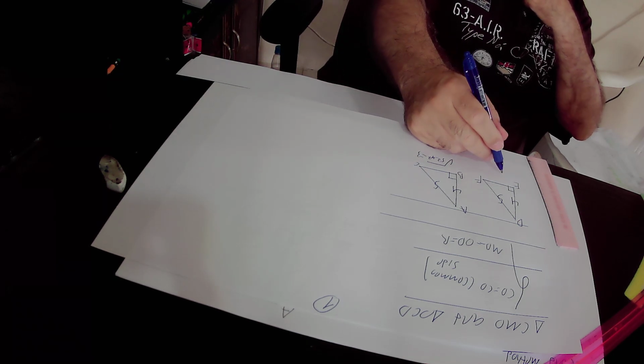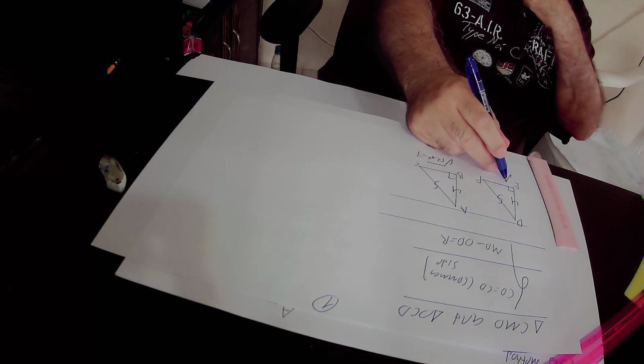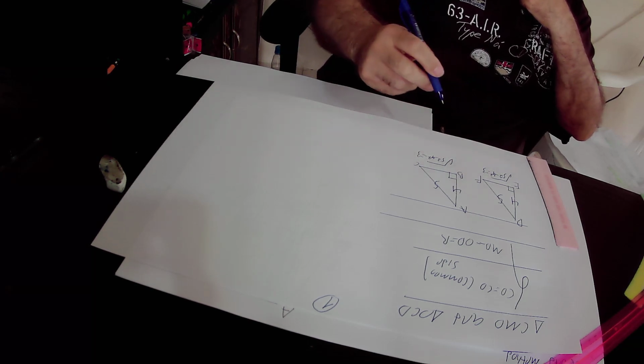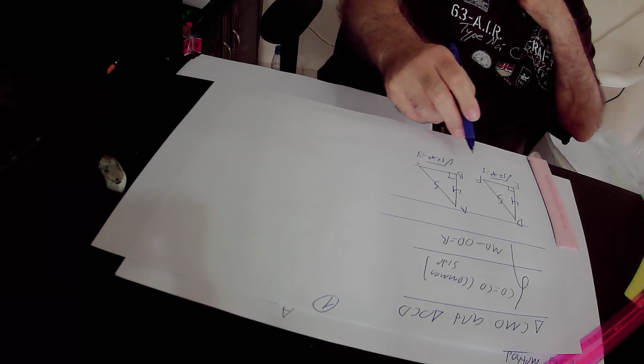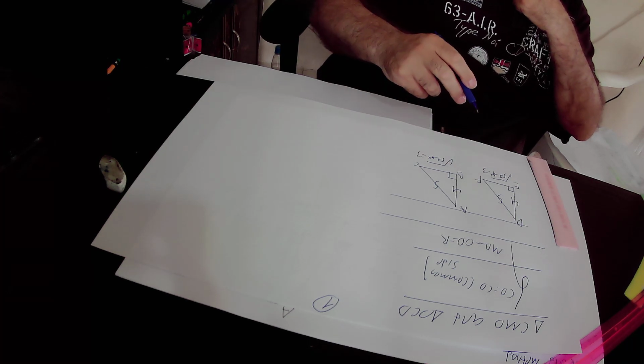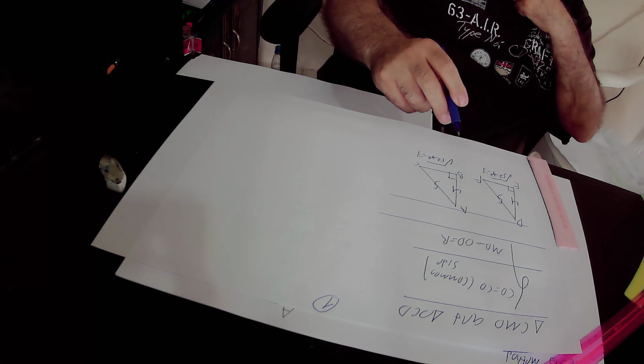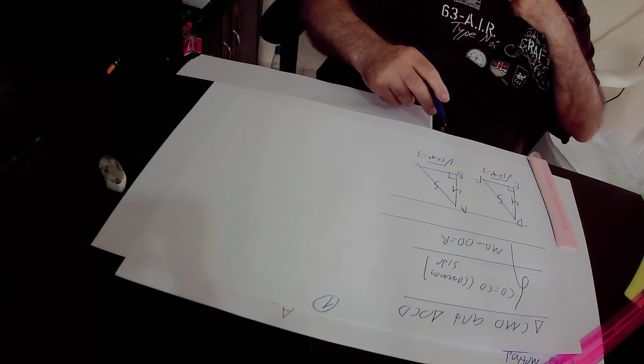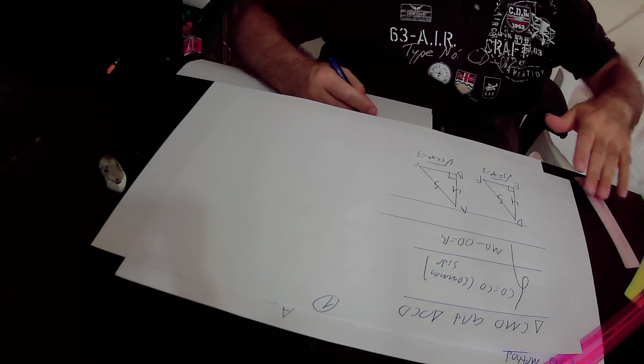Here again, EF will also be equal to the square root of 5 squared minus 4 squared, that is 3. So we found out that if we have congruent hypotenuse and perpendicular in two right triangles, then the third side must also be congruent. Okay.